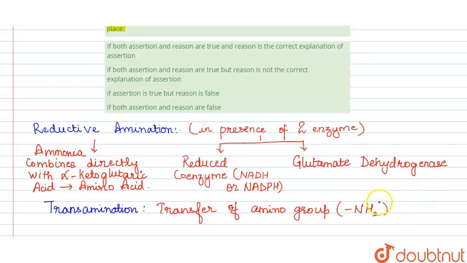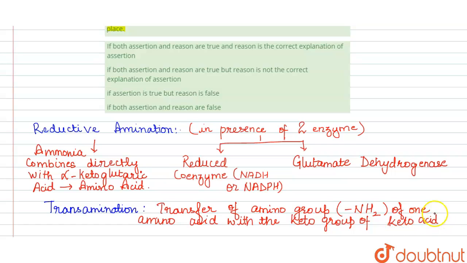So basically, the transfer of amino group of one amino acid with the keto group of keto acid.